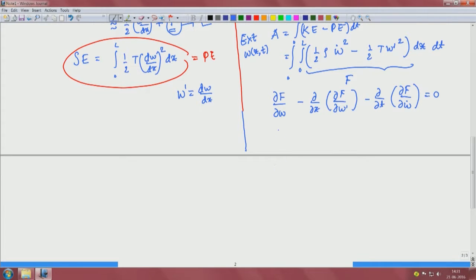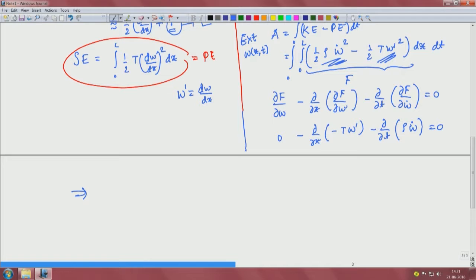So let us write it now. ∂f/∂w is anyway 0. Then ∂/∂x of ∂f/∂w prime, there is already a minus here, so that is minus T, the 2 and w prime squared cancel, so I get w prime, minus ∂/∂t of, again the half and 2 in omega dot squared go, there will be rho, that will become rho w dot, equal to 0.